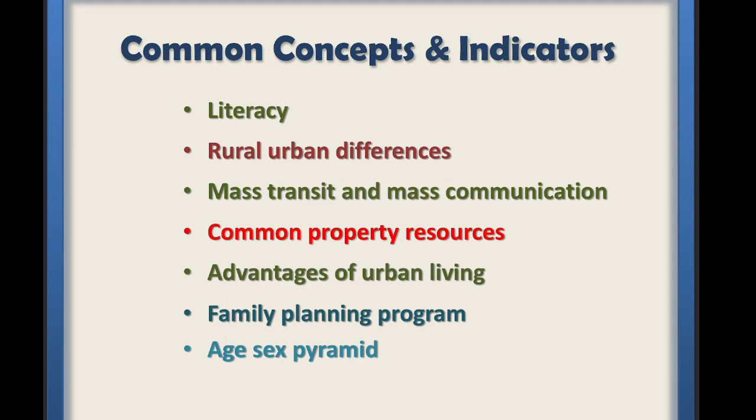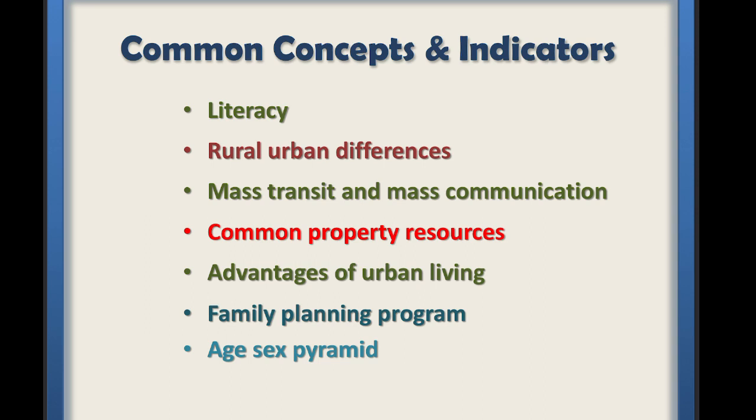Now, this program suffered a setback in 1975-76 during the emergency period, and we have the renaming of this program to National Family Welfare Program after the emergency. We see from this chapter that most demographic variables are ultimately matters of economic, social, and cultural change.